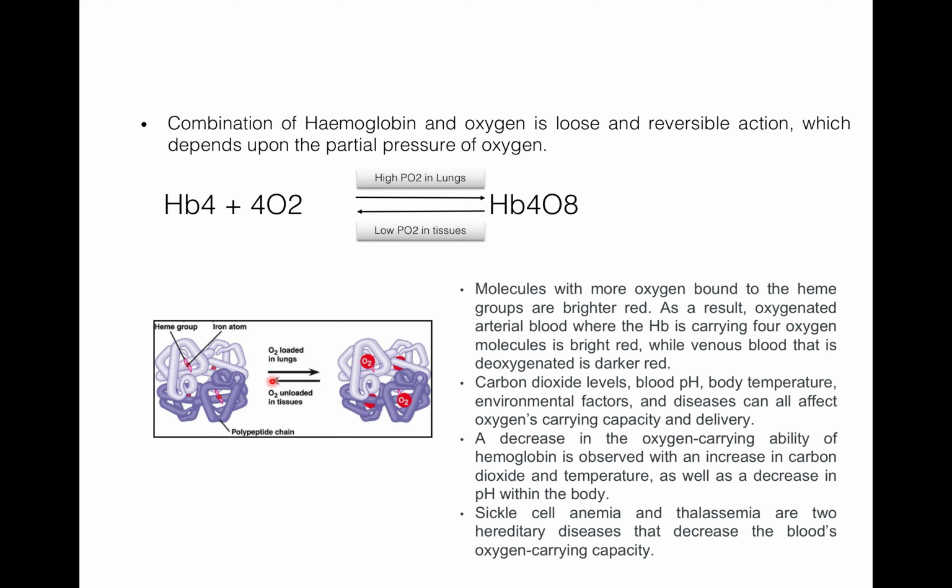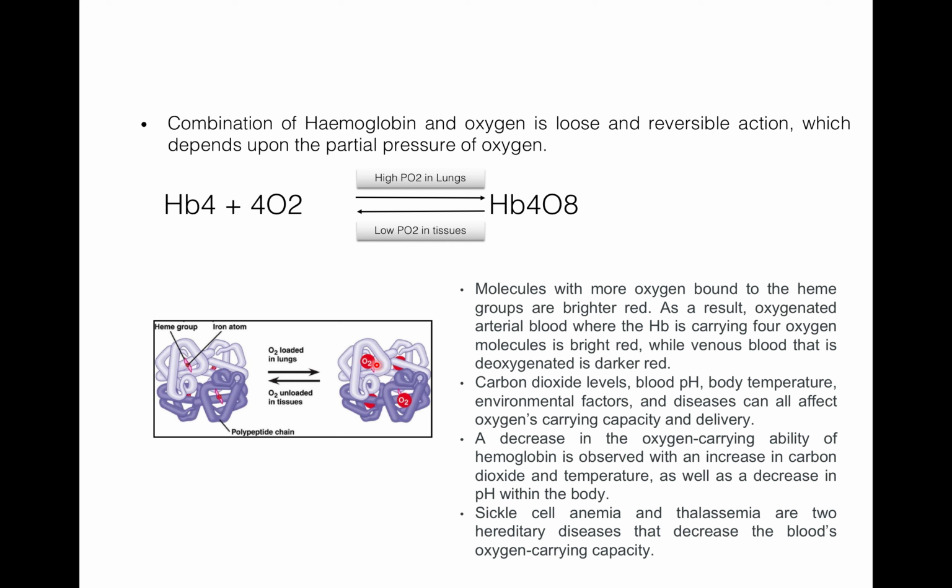Here you can see these are alpha chains and this is beta chain. This is 2 alpha, this is 2 beta. They are polypeptide chains. Here you can see the iron atom. This is the heme group. So when there is high partial pressure of oxygen in lung, then the oxygen gets bonded with hemoglobin.